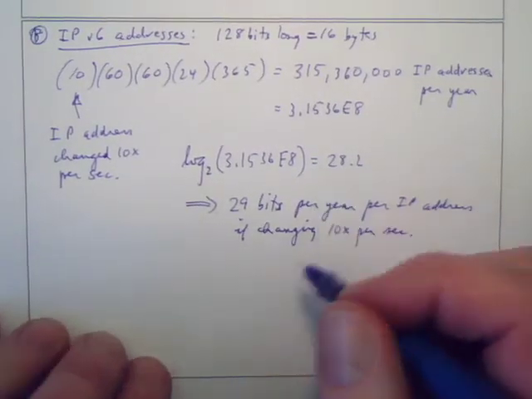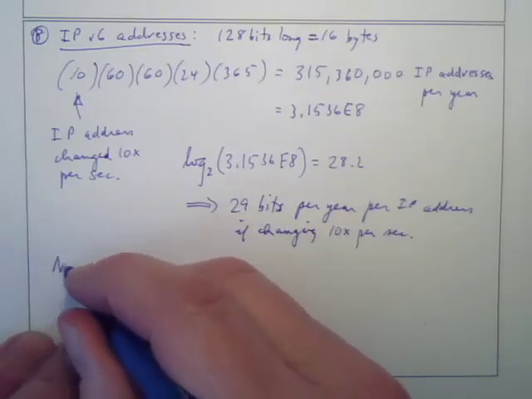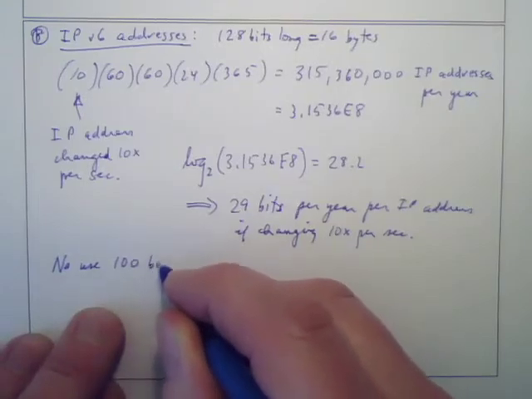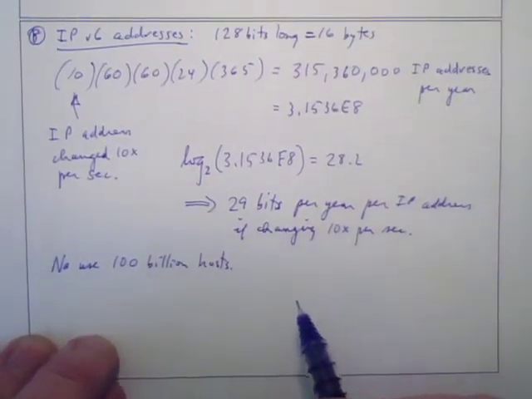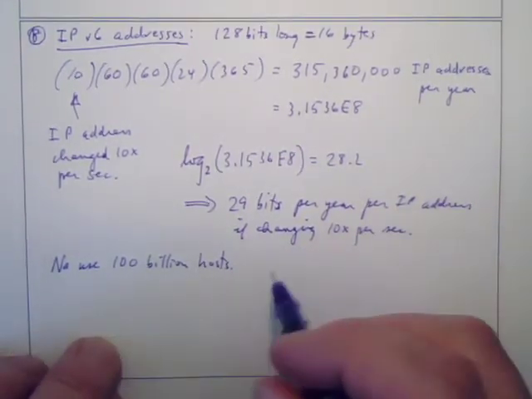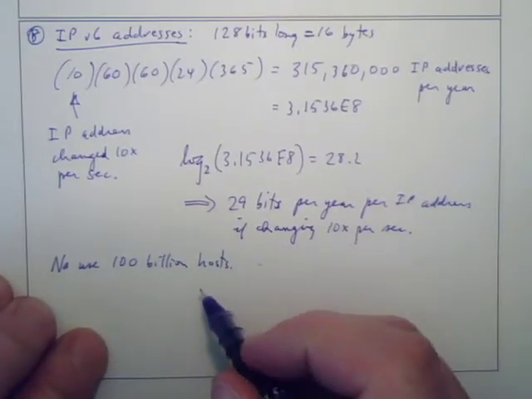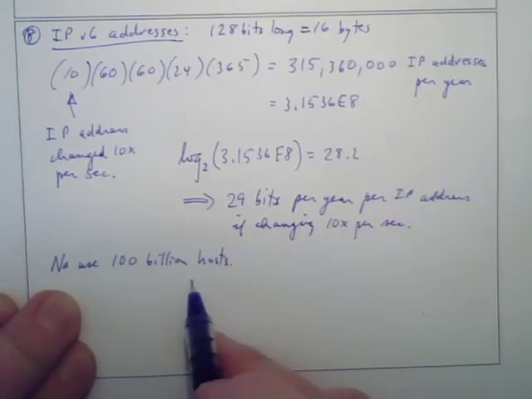And now what we're going to do is we're going to do this with 100 billion hosts. Okay? And 100 billion hosts, let's see, it's going to take more bits for all of those hosts.